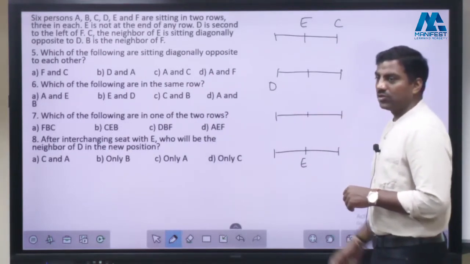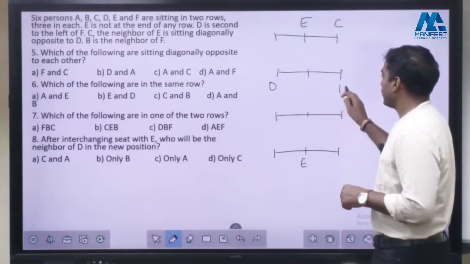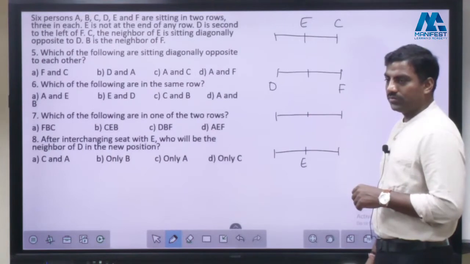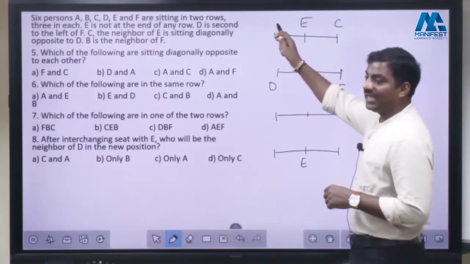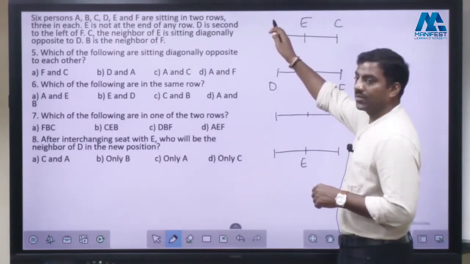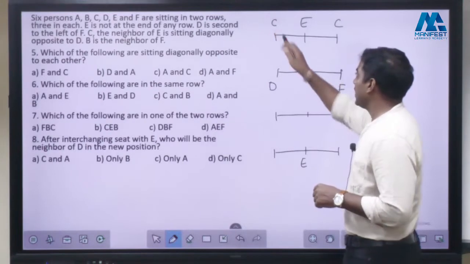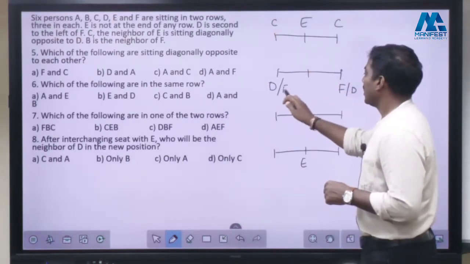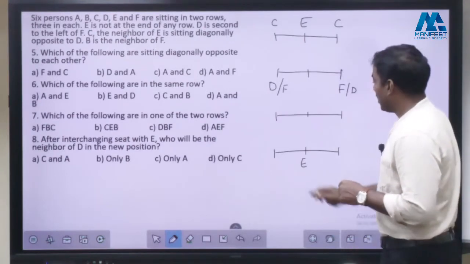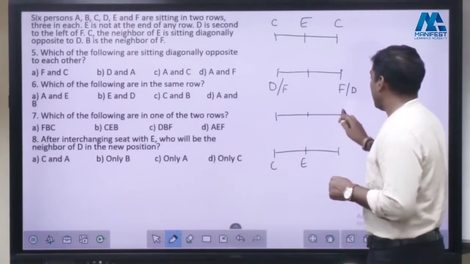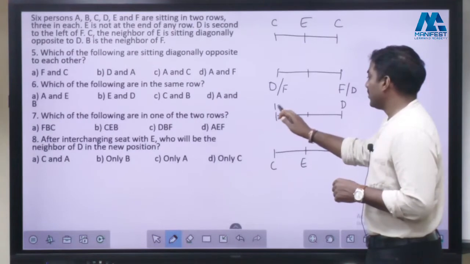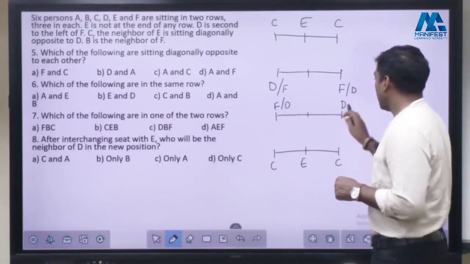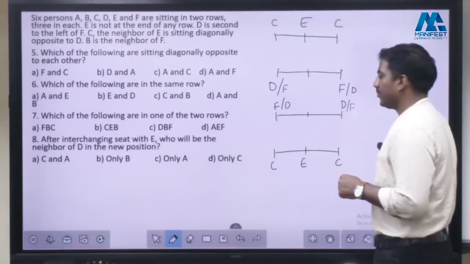If D is here, F will come here. Or if I take C here, D will come here and F will come here. Okay.